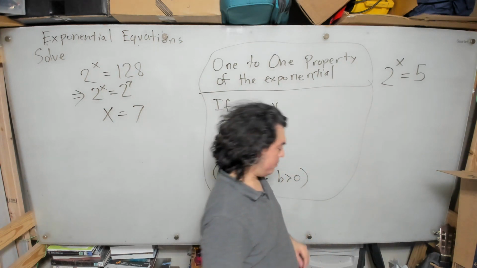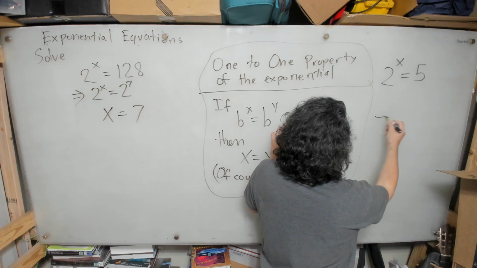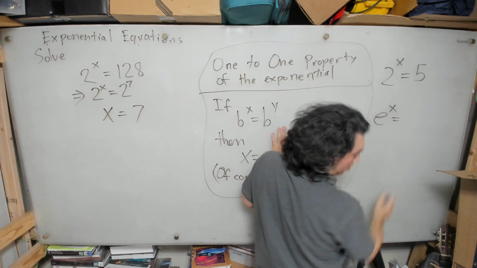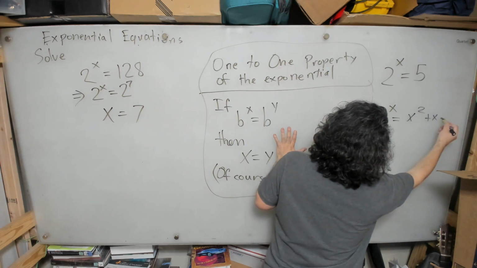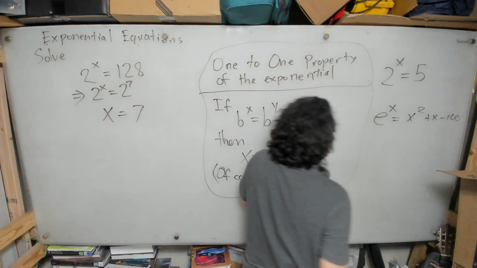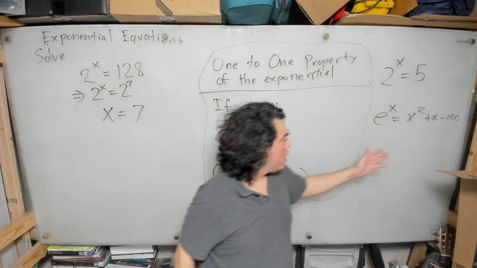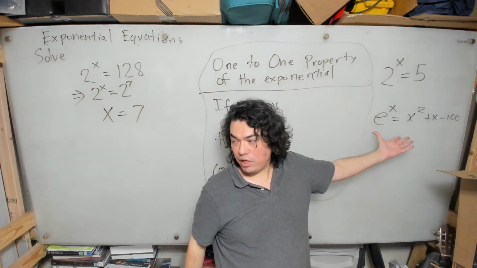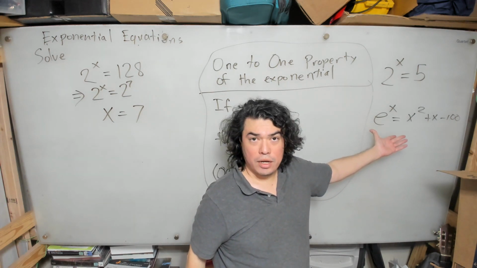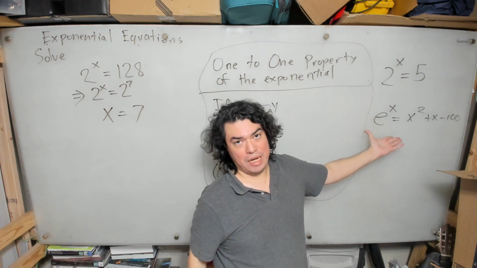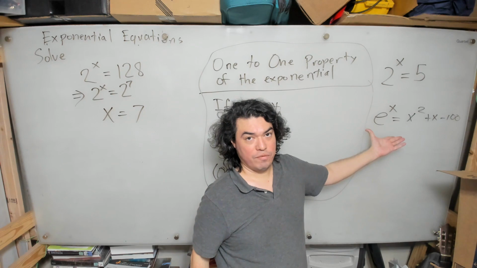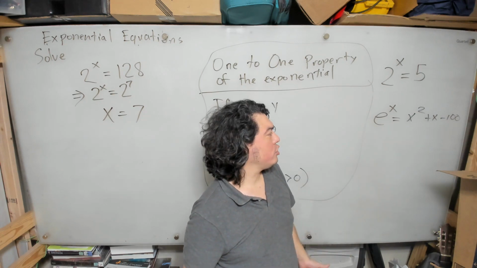And then finally, an example like e to the x equals x squared plus x minus 100. Now, this kind of an equation, if it does have a solution, will not be able to be solved within the context of what we're going to learn in our algebra lectures.